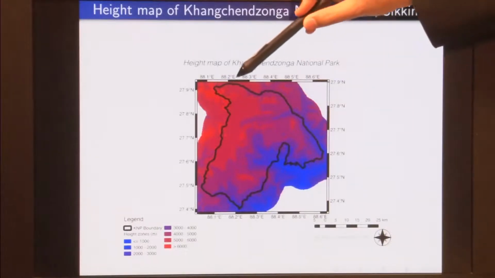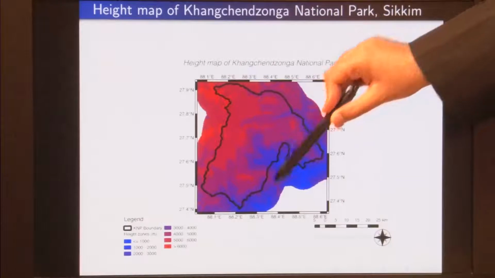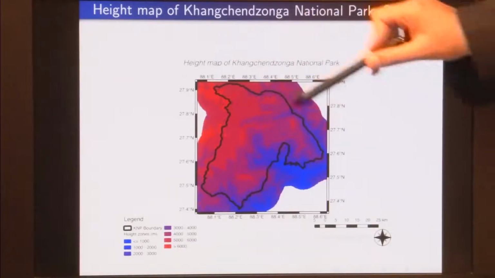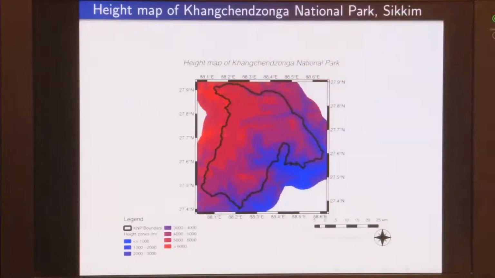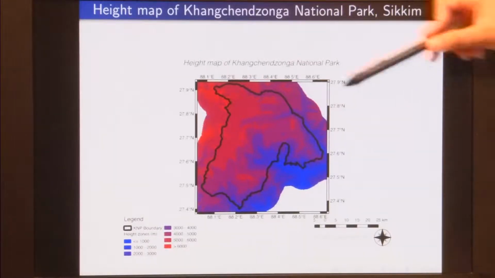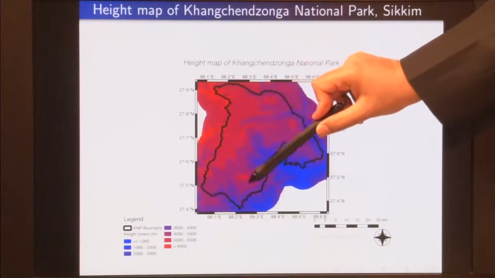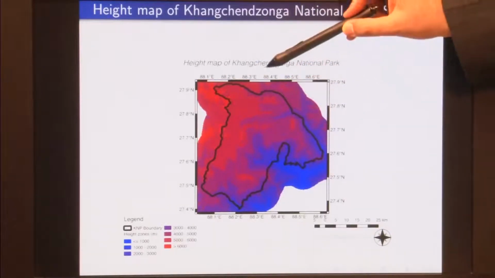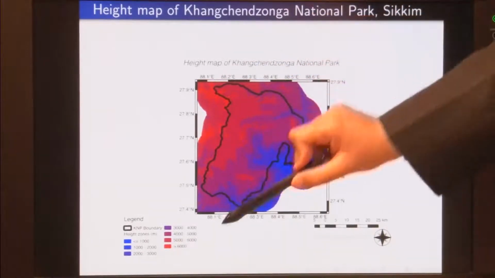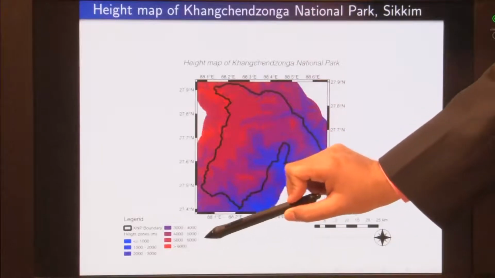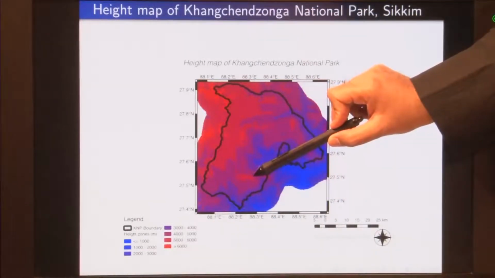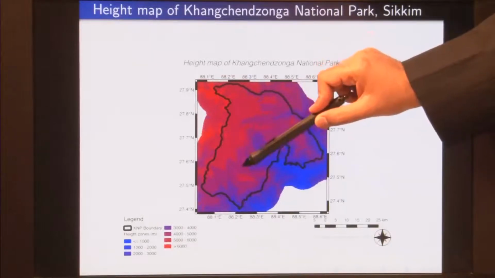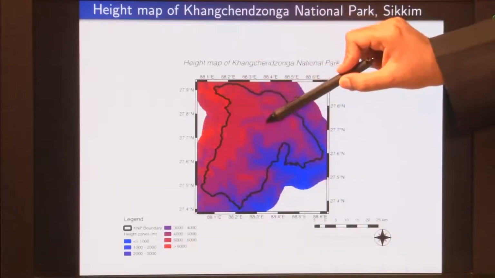Now, to give an example, let us talk about the Khangchendzonga National Park. So, this black line demarcates the boundary of the Khangchendzonga National Park, and the colors represent the heights of these different areas. Now, as we can observe, most of these areas are in different shades of red. This shade of red goes from 6,000 meters up to greater than 4,000 meters. So, these areas have a height of more than 4,000 meters.